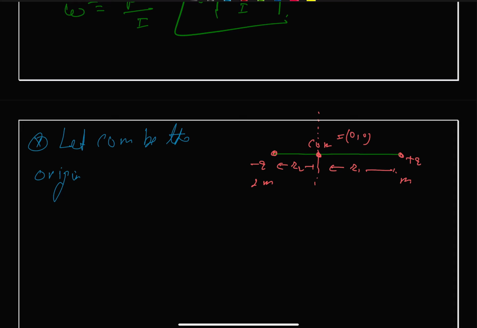So let the center of mass be the origin, and the distance of minus Q is our R2, and plus Q is our R1 from the origin.